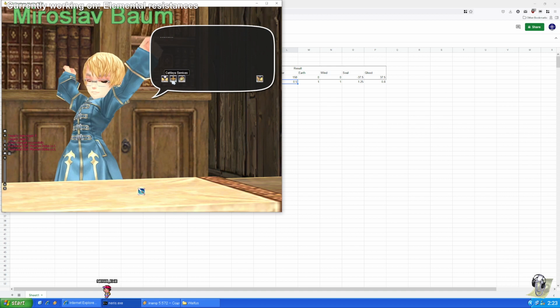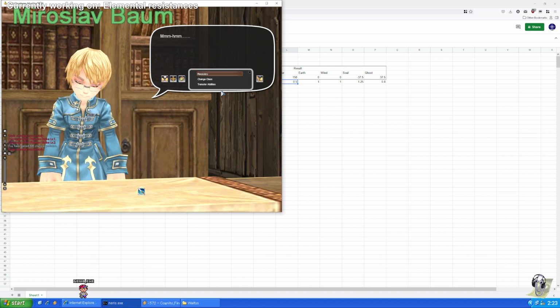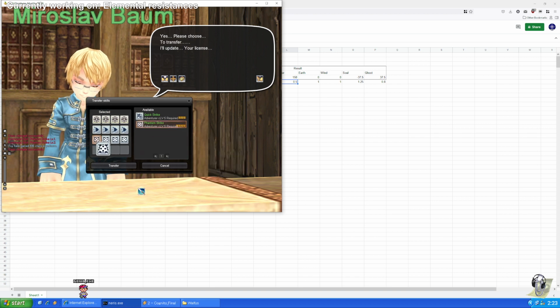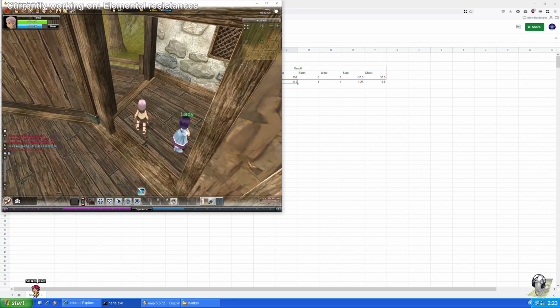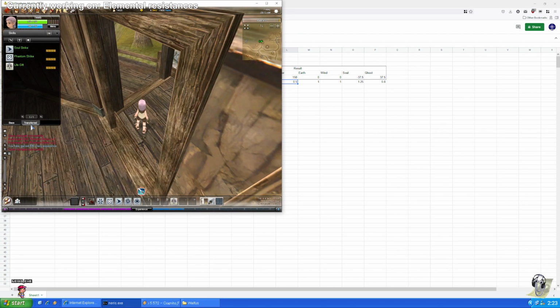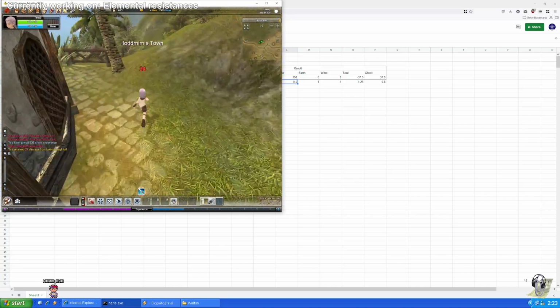Then let's switch back to Enchanter and transfer Phantom Strike. Okay. Enchanter. Yes. Now I have all the skills that I want to test.